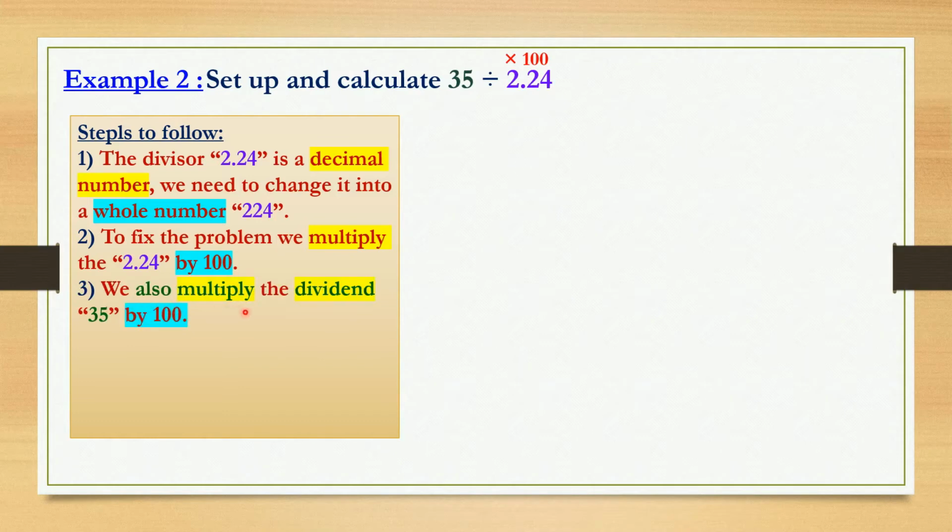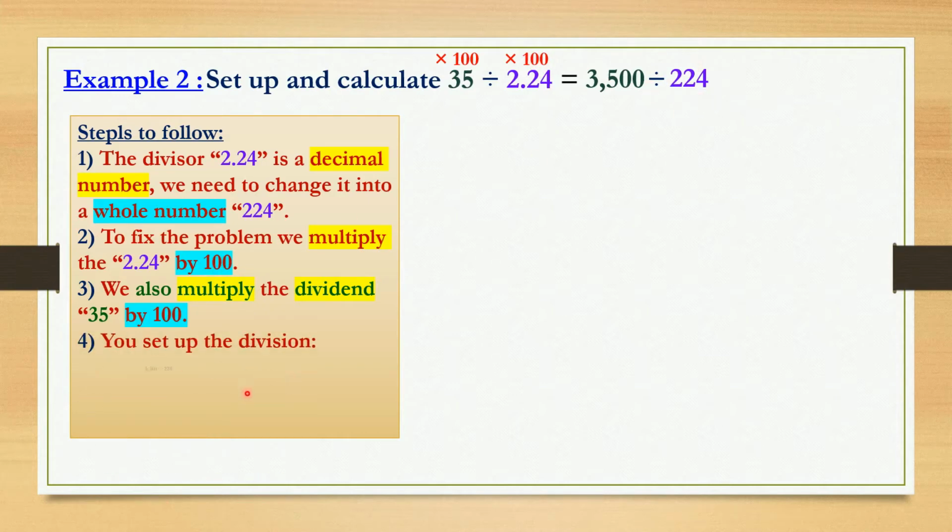We also multiply the dividend 35 by 100. What we multiply the divisor by, we do the same for 35. And we obtain 3,500 divided by 224. 35 times 100 is 3,500, and 2.24 times 100 is the whole number 224.